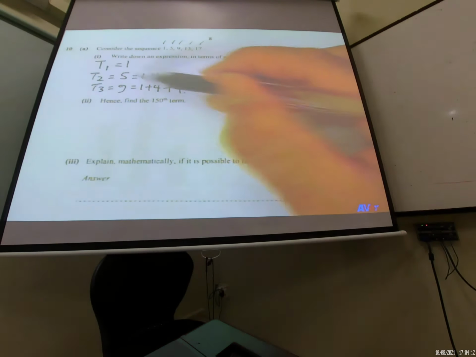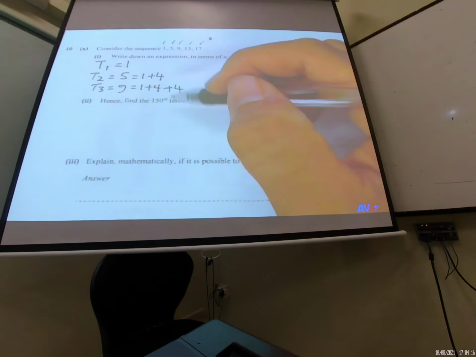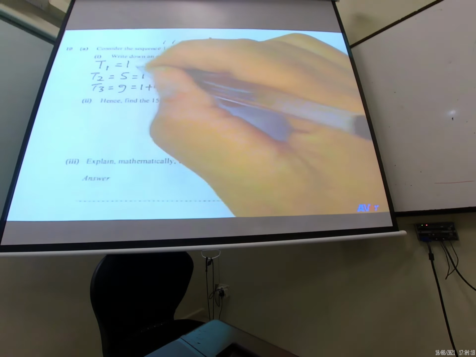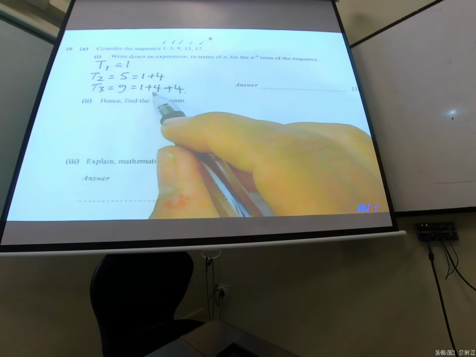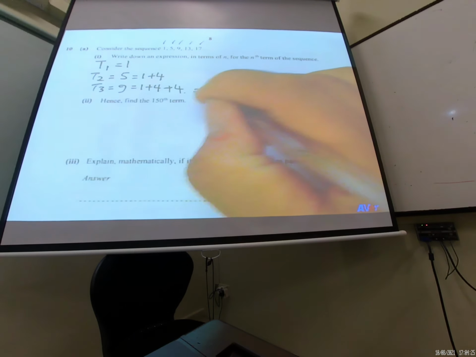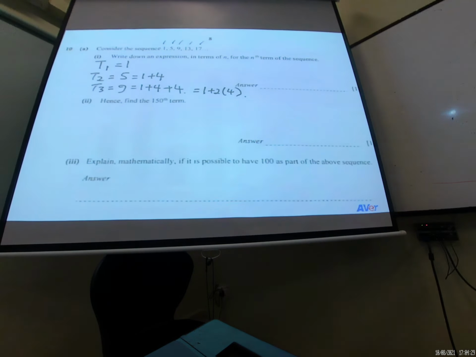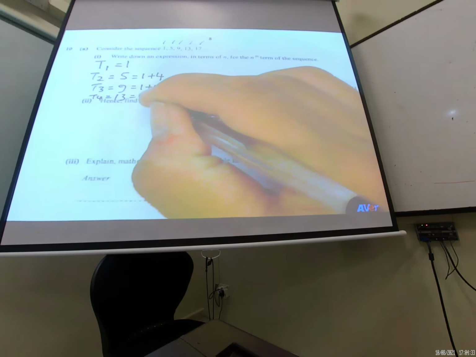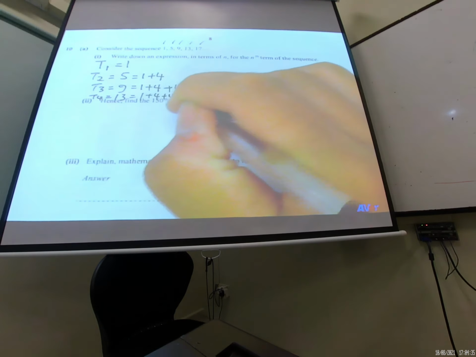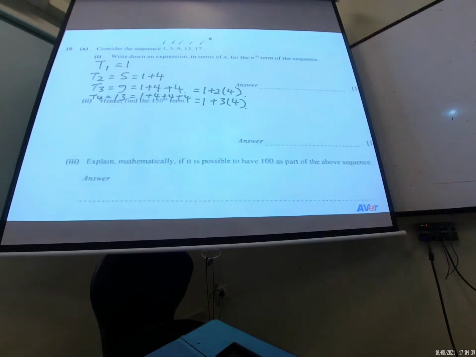So when we write it in this manner, we start to see a pattern. Term 1 is 1, term 2 is 1 plus 4, term 3 is 1 plus 2 times 4. If we continue, term 4 equals 13 equals 1 plus 4 plus 4 plus 4, which equals 1 plus 3 times 4.